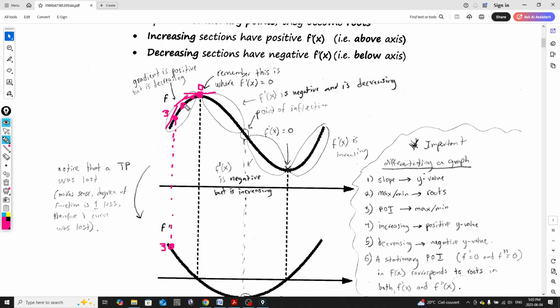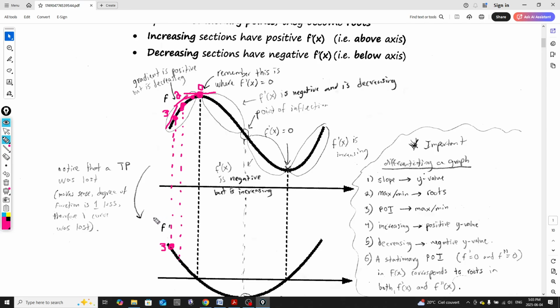Okay, so for this one right here, we said that the slope of the tangent line was like 2, I think. If at this point on f, the slope of the tangent line is 2, then that means if I take that x value and I plug it into the expression that corresponds to f prime, I'm going to be getting a value of 2.